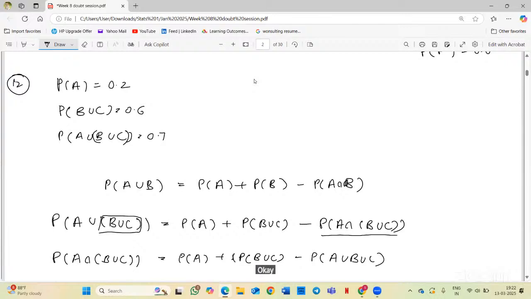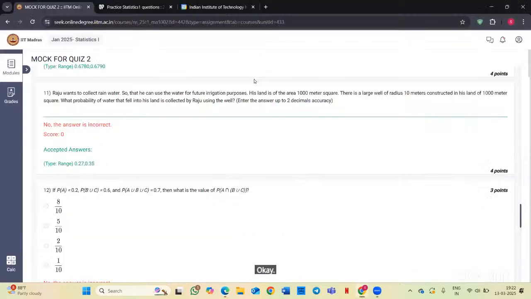Understood? Just put the values and the value would be 1 by 10. Is it fine? Yes, ma'am. So shall we proceed with the next question? Yes, ma'am. Okay.